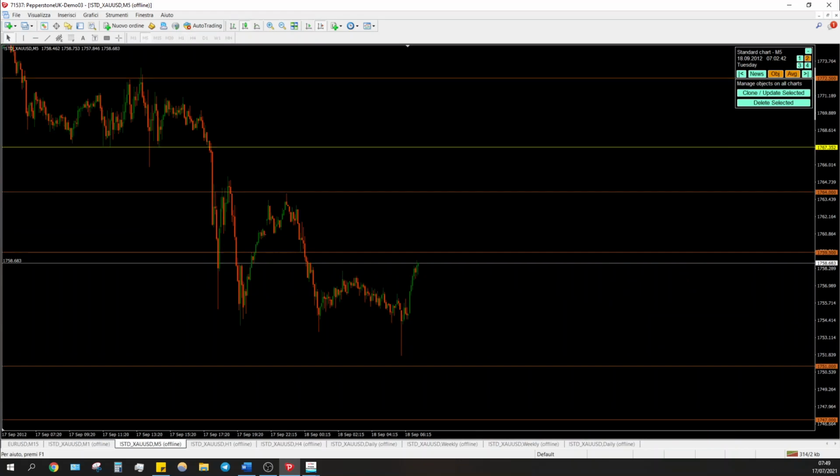Okay, let's start. We're on a 5 minute now. We're looking at a reaction here. Let's see now if price is able to make higher lows and higher highs. We see a reaction.